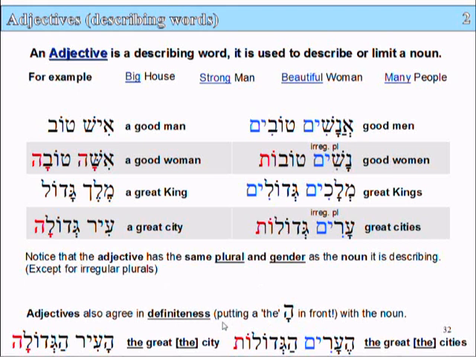So if the noun has a hay in it, the adjective also has a hay. So that's adjectives, describing words. That's how we put them together with the nouns in Hebrew.